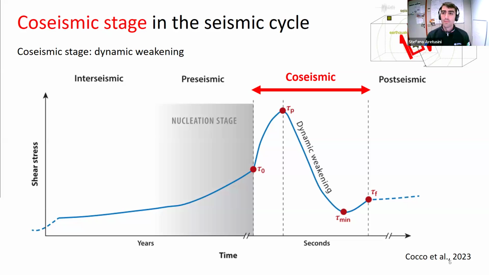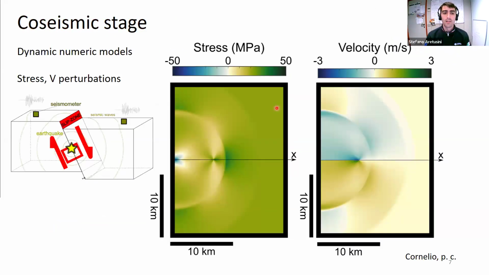If we zoom deep into a fault zone, in this case just an example of a normal fault, this is a snapshot during a propagating rupture, modeled with the dynamic numerical models from Chiara, Cornelio.